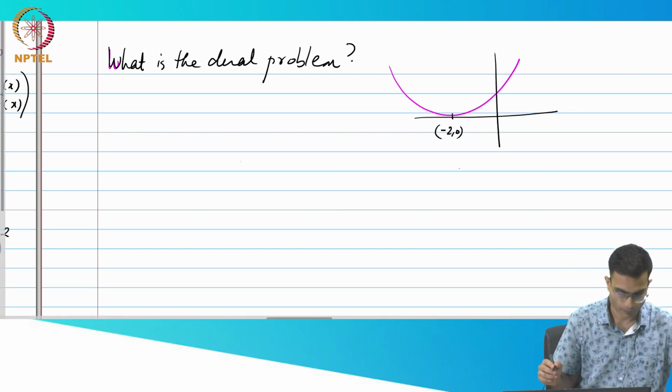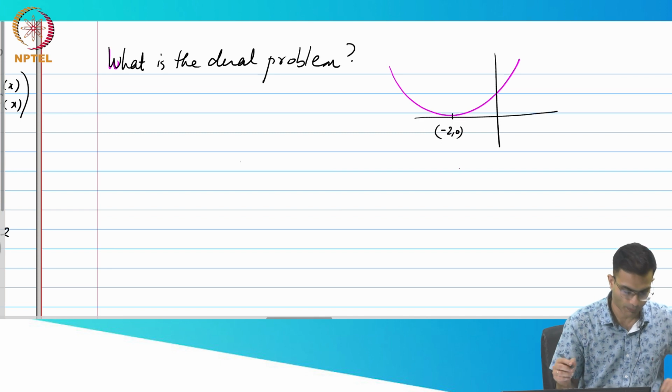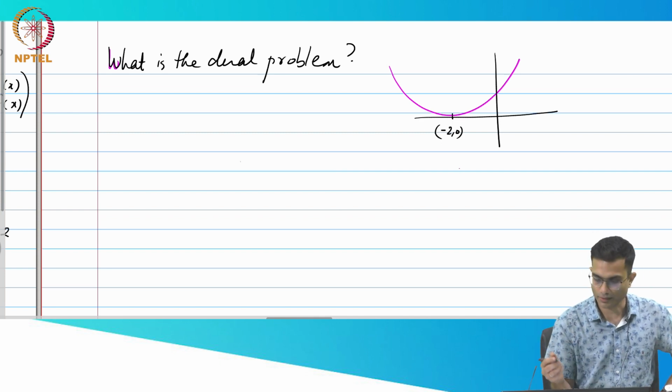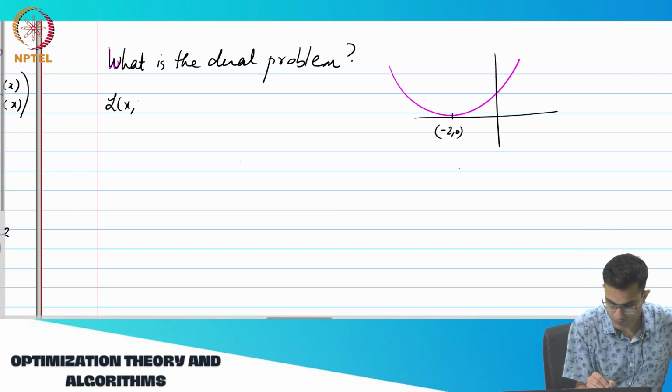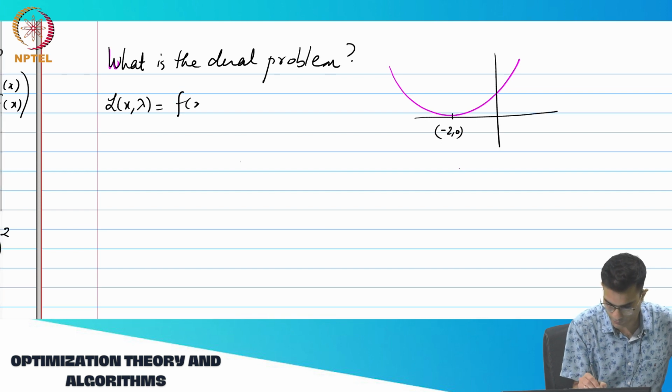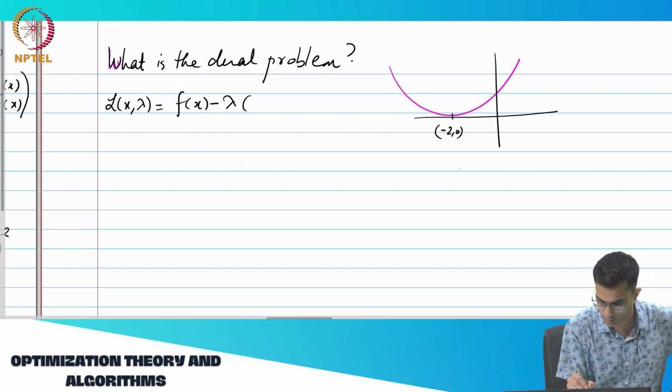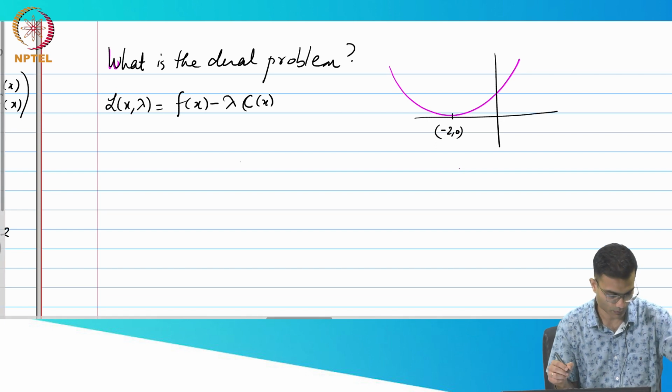So for solving the dual problem, let's write down our favorite Lagrangian, because this is going to be very key. f of x minus lambda c of x.